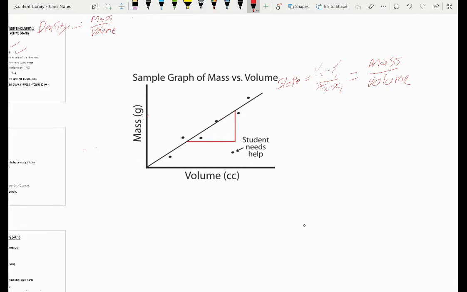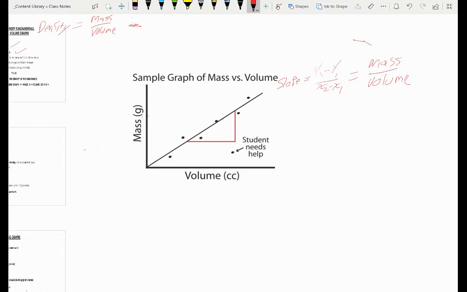So then the slope is the density. When you make this graph, you find the slope of the line, that's the density of the substance. And that's the standard way to do density plots, because that slope of the line is going to be the density.